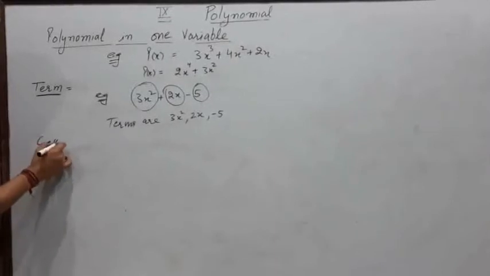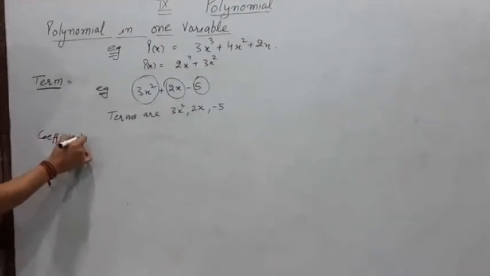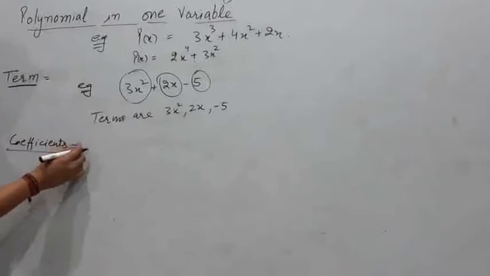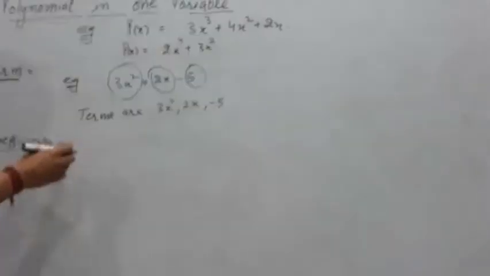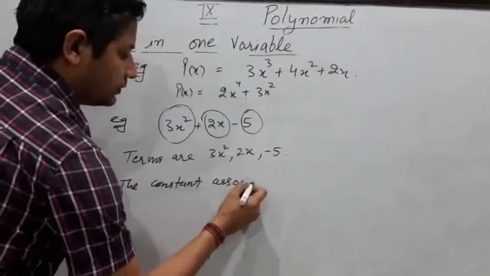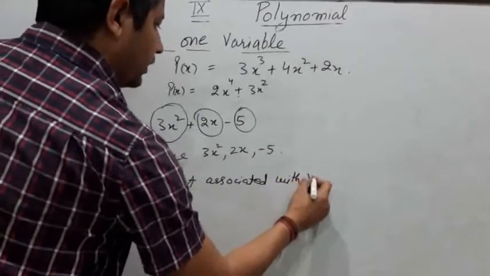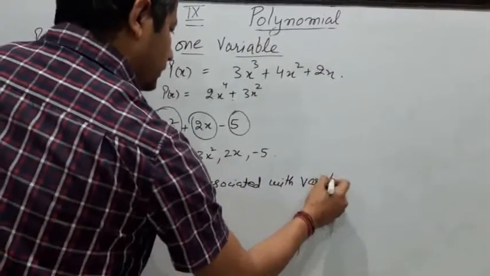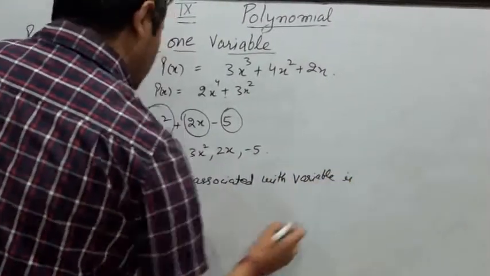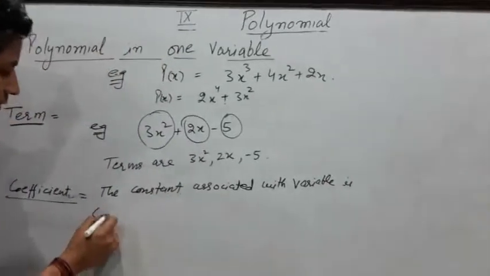Coefficient: the constant associated with variable is coefficient.